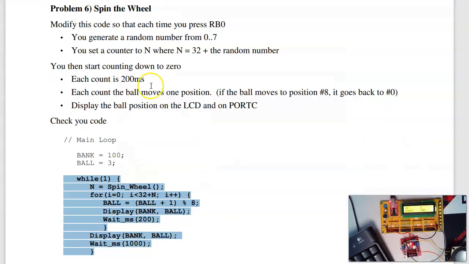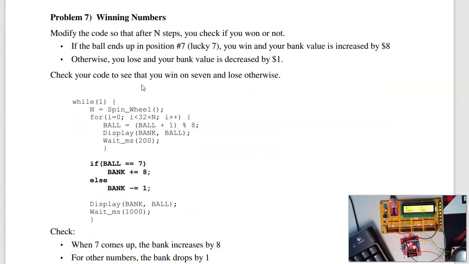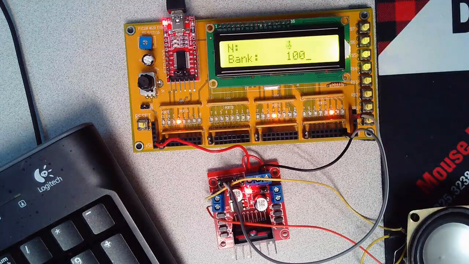Next, can I get it to win on number 7? I'll modify the code and say if it winds up on number 7, I win. I gain 8, otherwise I lose 1. Let's see if that works. So downloaded the code now. When it stops, if it hits number 7, my bank will go up by 8, otherwise it goes down by 1.